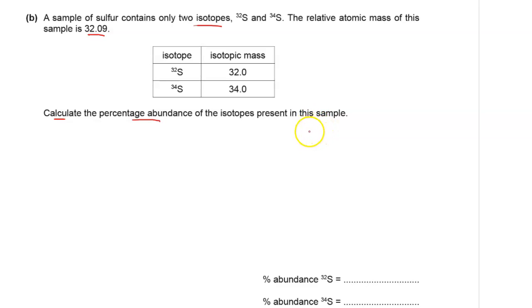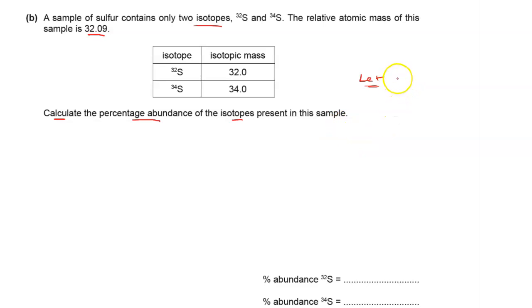Of course, let the percentage abundance of each one of these be as follows.